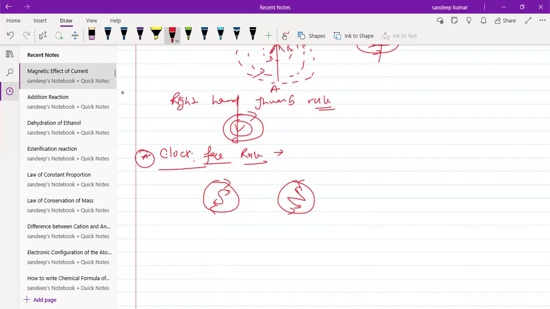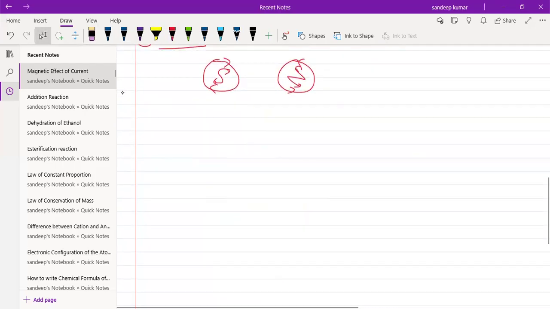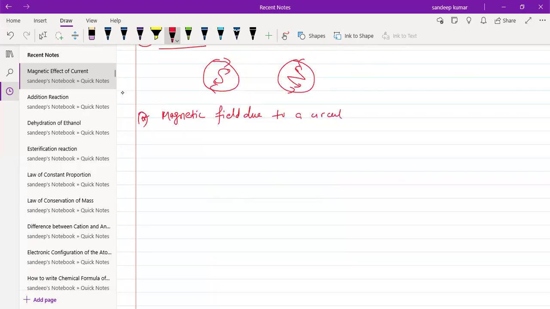Now let's talk about the magnetic field due to a circular wire carrying current. Let's take, children, a circular wire in which current is passing.